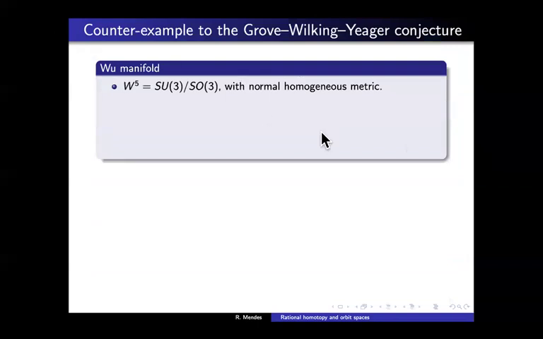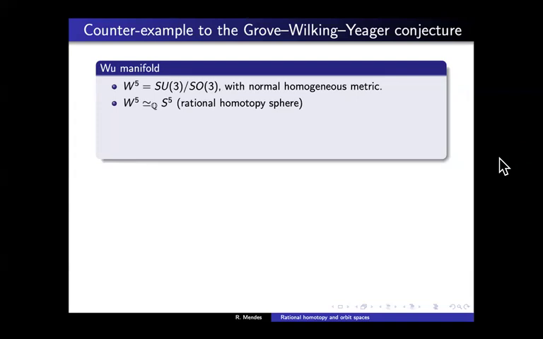So we found a couple of different counterexamples, but I'll describe the simplest one to describe. And this starts with a Wu manifold. The so-called Wu manifold is a 5-dimensional manifold given by SU3 modulo SO3. And let's put the normal homogeneous metric on it. Okay. So it's a fact that this is a rational homotopy sphere. Okay.